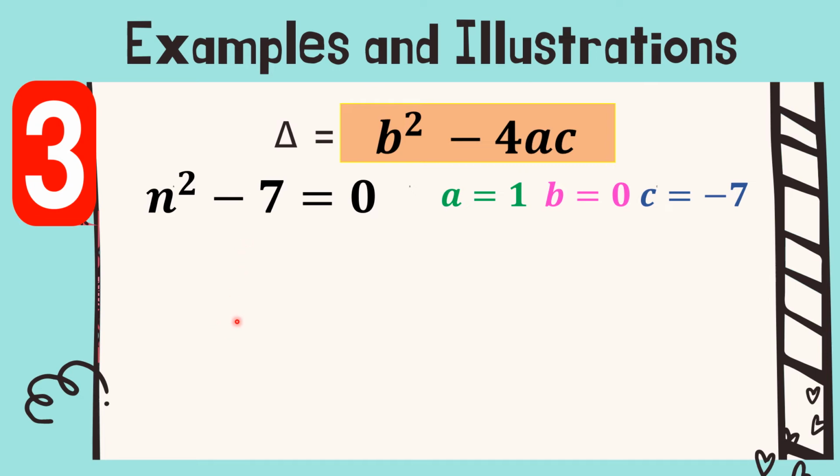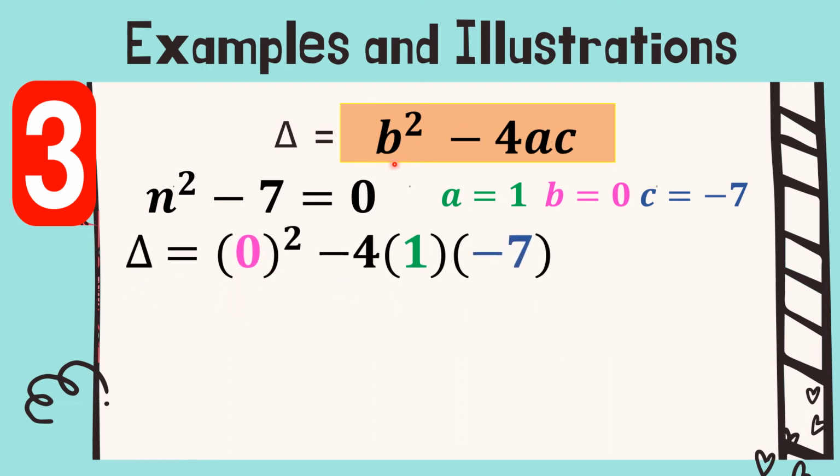After identifying the values of a, b, and c, substitute the values in our discriminant formula, b squared minus 4ac. So, discriminant value is equal to 0 squared, 0 which is the value of b, minus 4 times the value of a, which is 1, times the value of c, which is negative 7. Then, evaluate. We will have 0 squared is equal to 0.